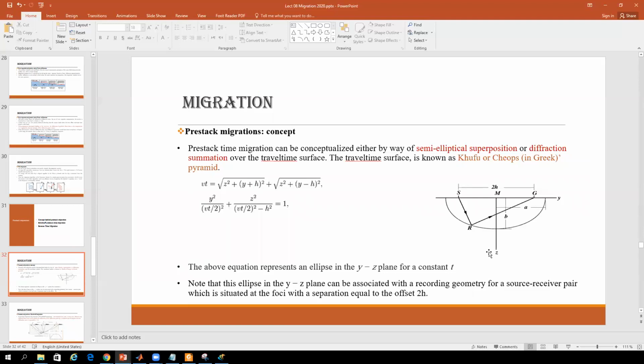So now, because the offset is not zero anymore, we will have an offset term involved in the equation. And instead of having a semicircle, now we have an equation of an ellipse. So the response which we are recording in the pre-stack can actually come from any ellipse, but not a circle. And this ellipse shape is changing with offset.